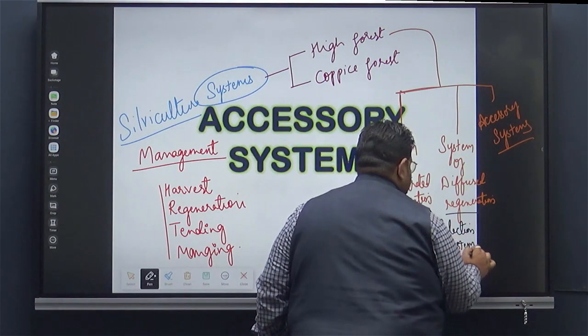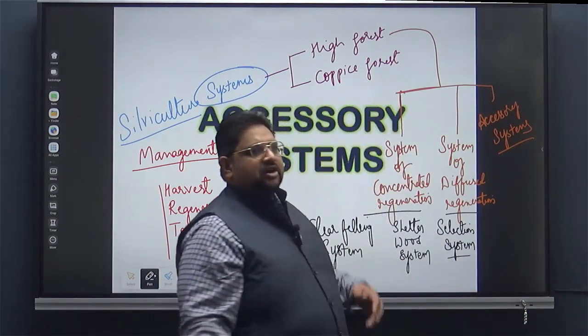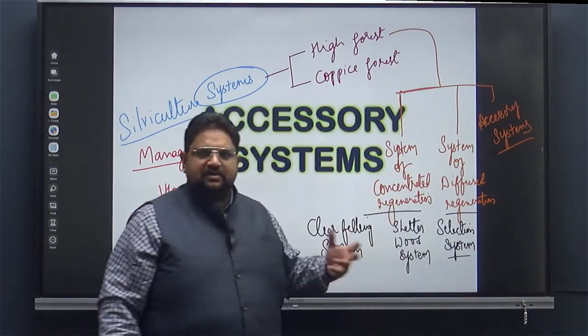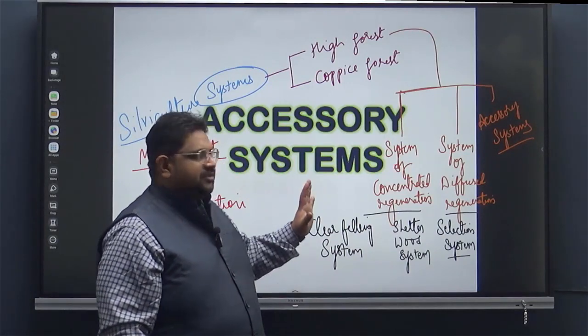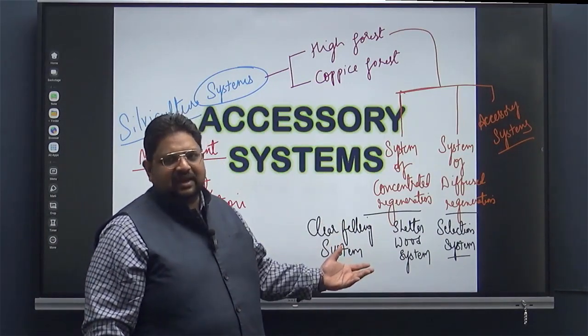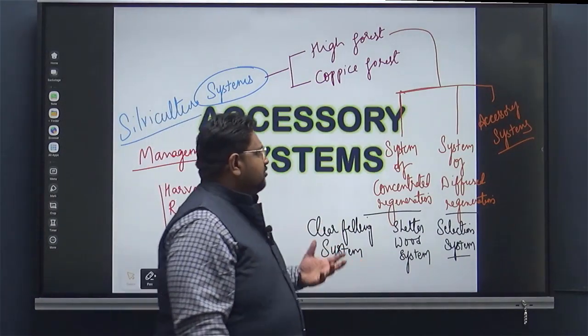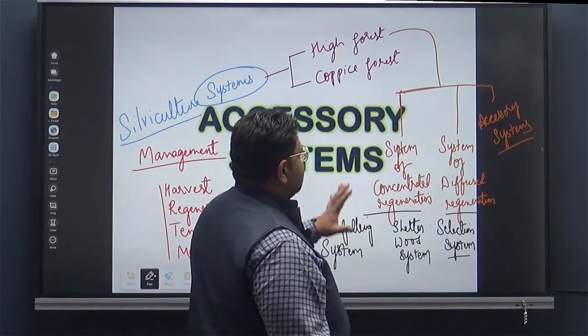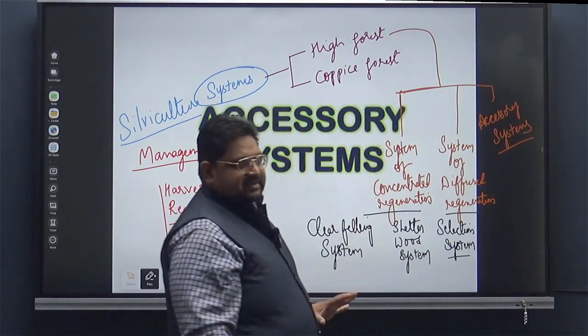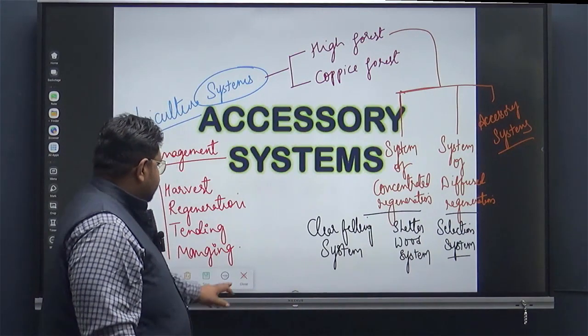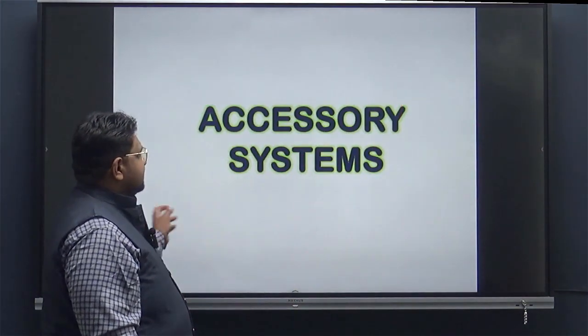It may be a uniform selection system or group selection system. There are various things which you will be studying under their respective headings. But now we are interested in knowing accessory systems. This is where the accessory system stands. Now let us see what these accessory systems are.